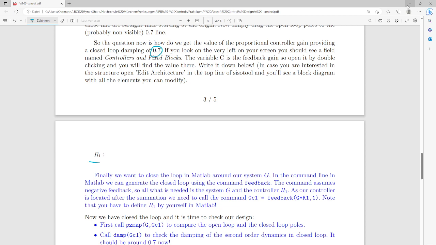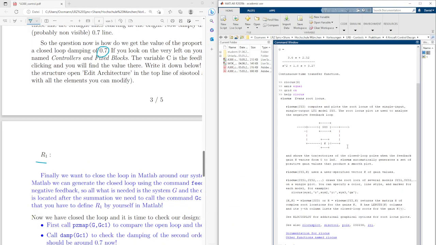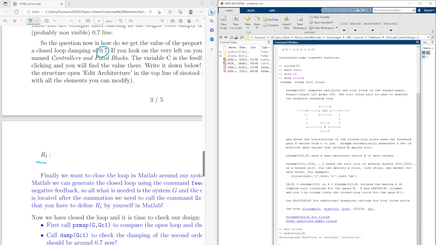I'm going to get that on the other side here, and then we simply call sisotool. I think it's with an s, and then G. Okay, it's not with an s, it's without, so simply call sisotool G.